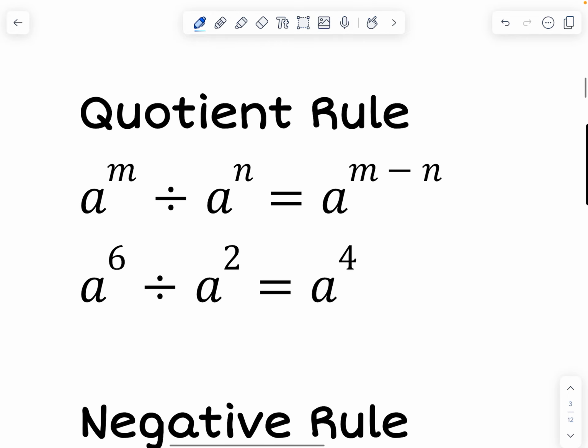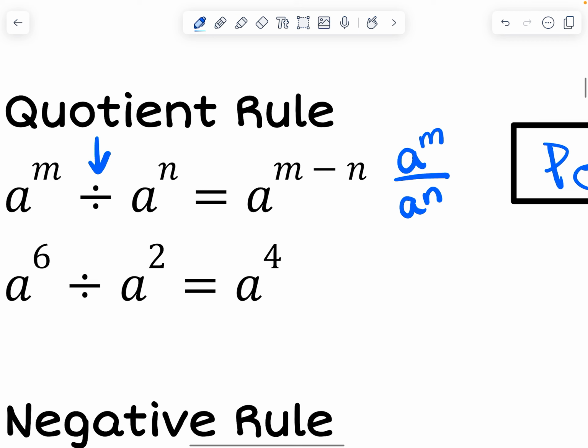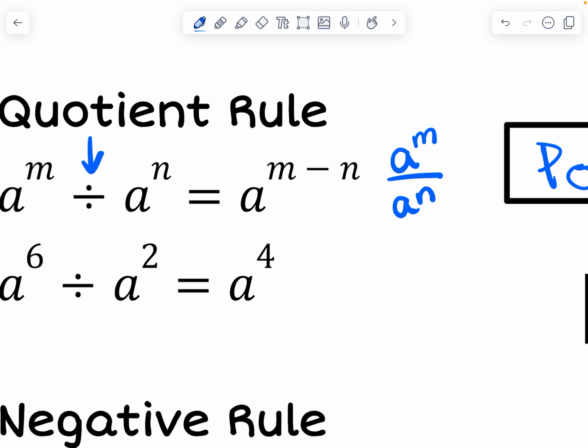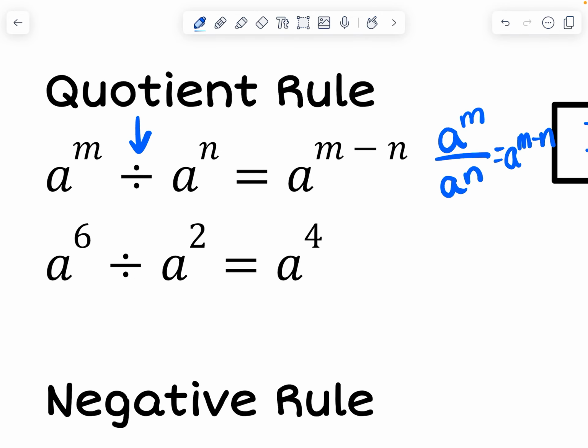Okay? The quotient rule, quotient meaning that you have division. Now I'm actually going to write it over here like this. You subtract the exponents, and some of you may be going, how does that happen?